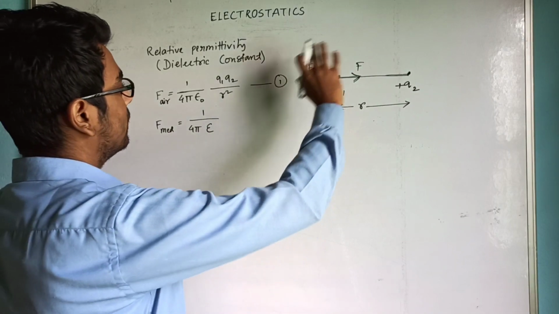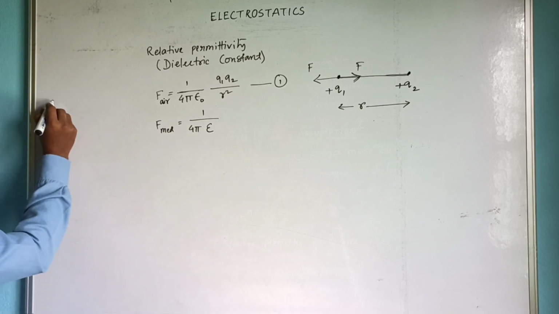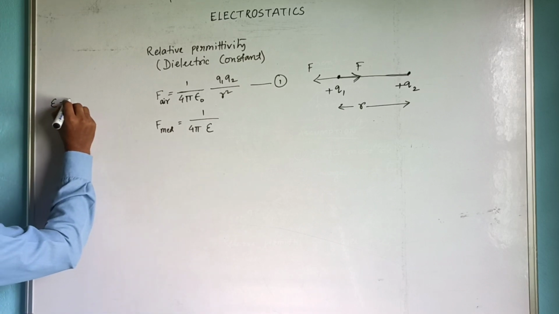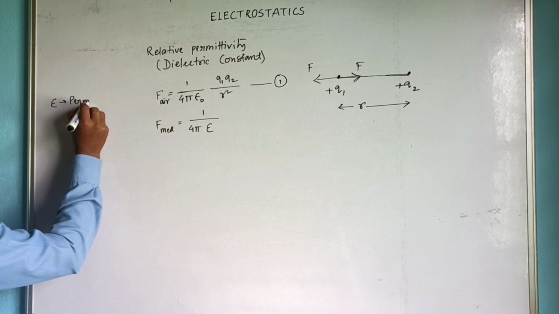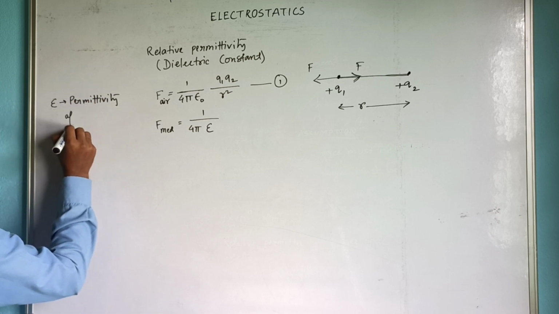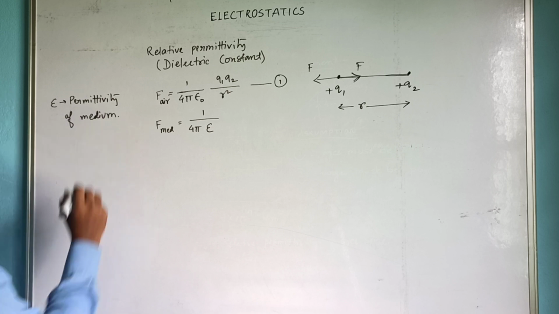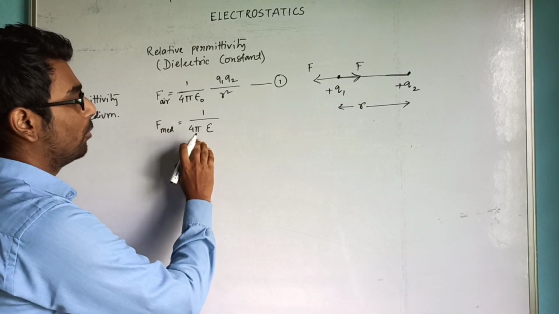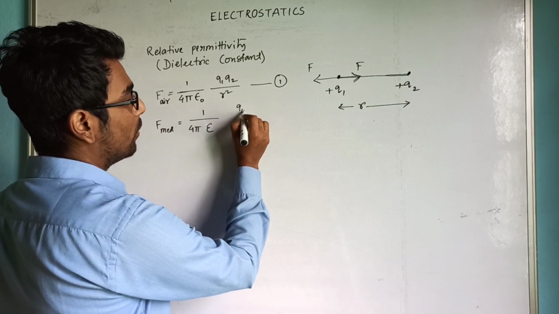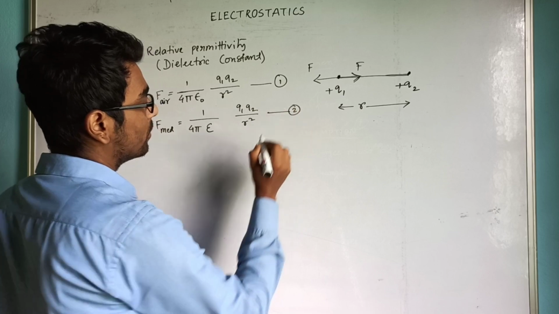Suppose epsilon is the permittivity of that medium. In that case, 1 by 4 pi epsilon q1 q2 by r square, equation 2.